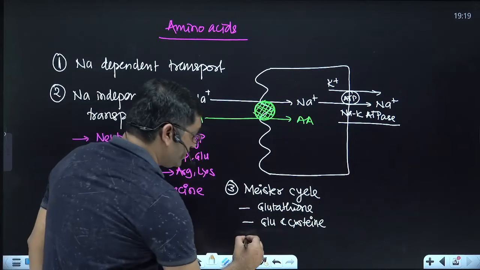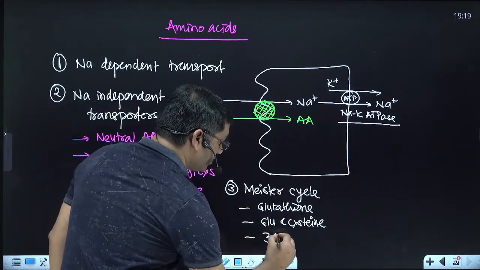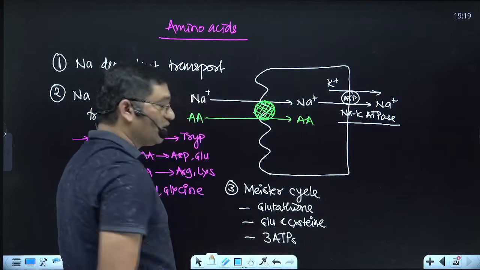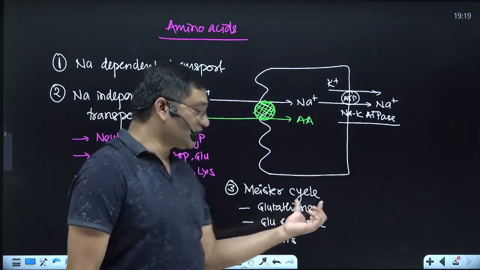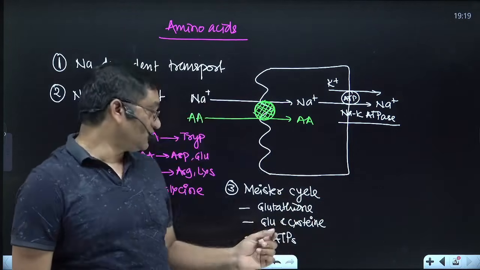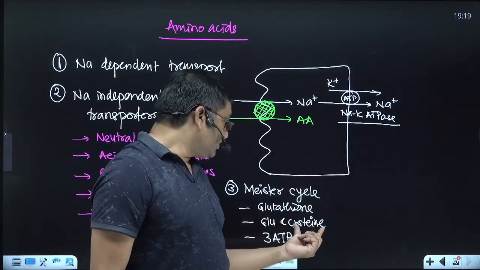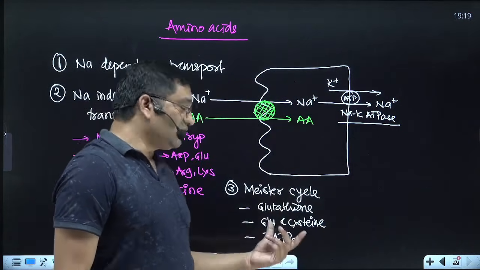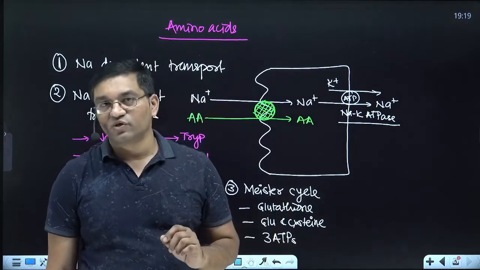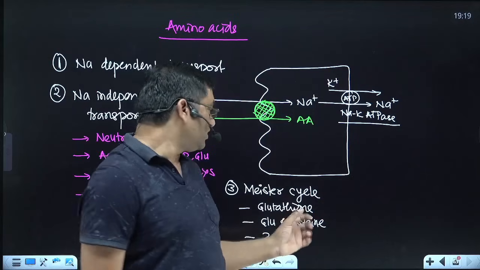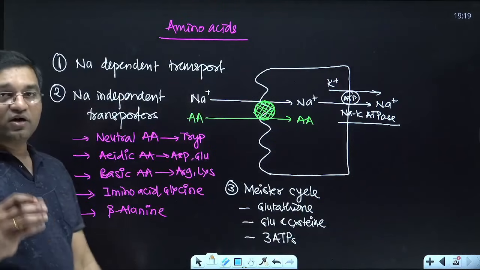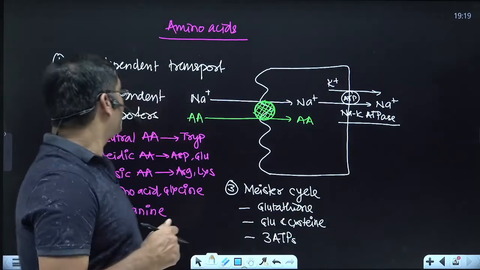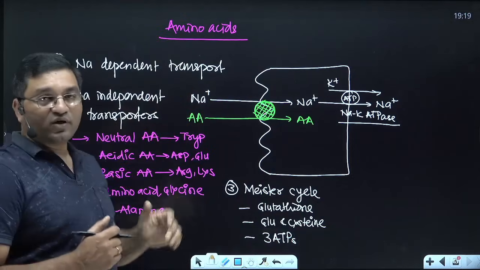There is a requirement of 3 ATPs for the transport of a single amino acid. Glutathione is gamma glutamyl cysteinyl glycine. So these are the 3 modes of absorption of amino acids.